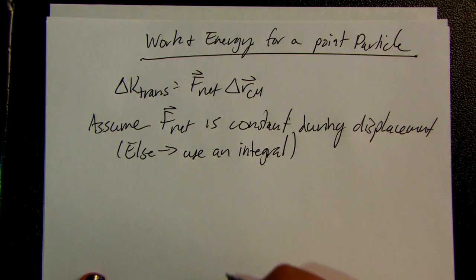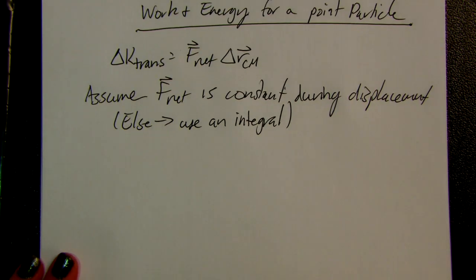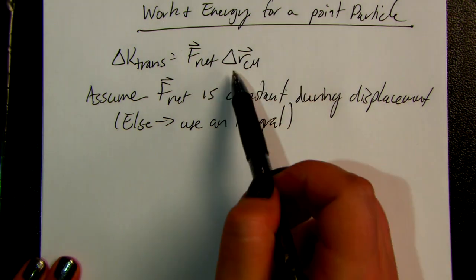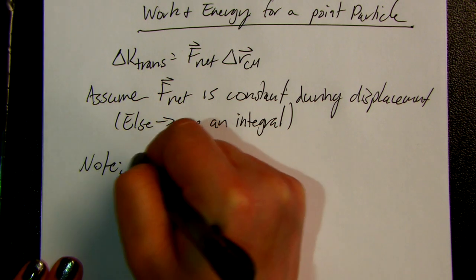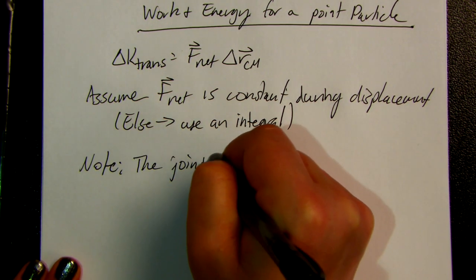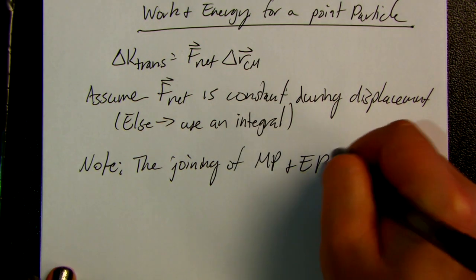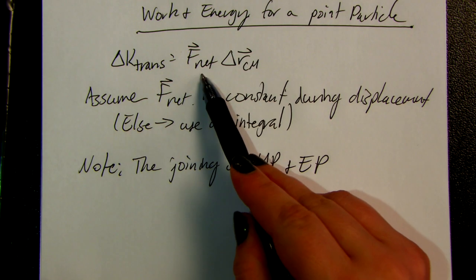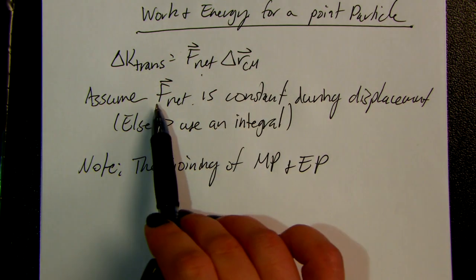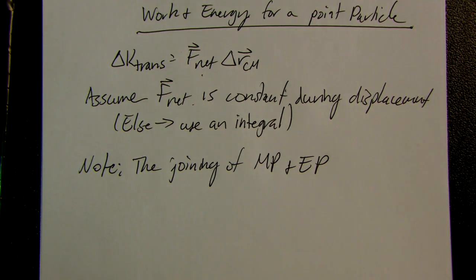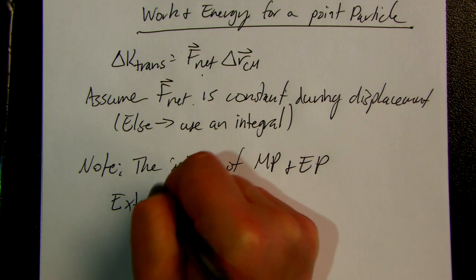We have talked about it, where you've got the little steps. So that's kind of how that works. And so we can see we have joined together the momentum principle and the energy principle. You can use the momentum principle to go after F net, and then once you have that, you can go after translational kinetic energy, which is a part of the energy principle. Pretty cool, hey?